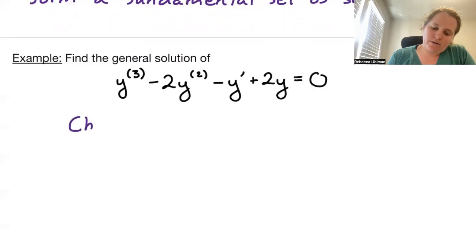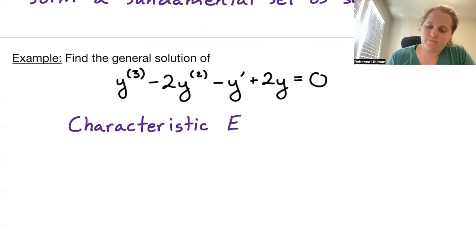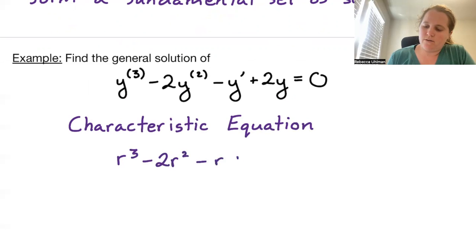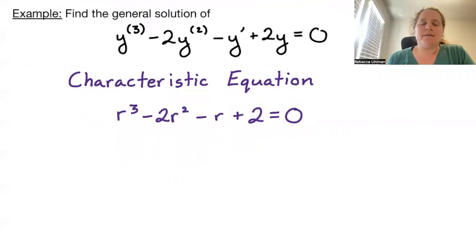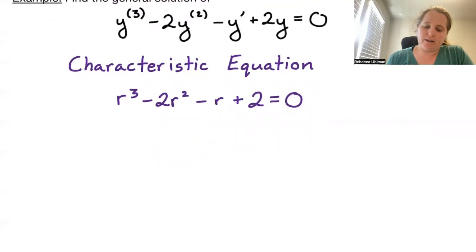So we have characteristic equation r³ - 2r² - r + 2 = 0. This can be factored using what is called factor by grouping. So r³ minus 2r², we're going to lump together, and negative r plus 2 we are going to lump together.